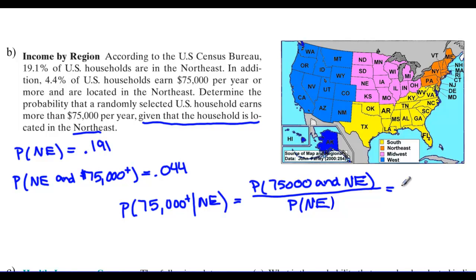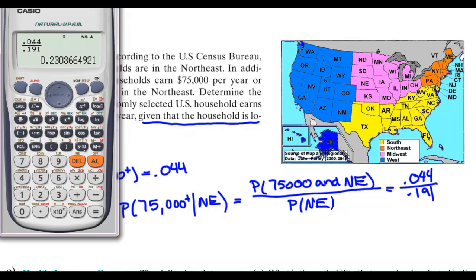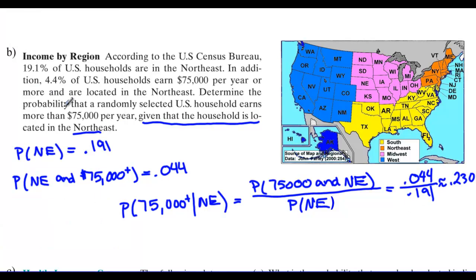So that's going to be our 0.044 over 0.191. That's going to be about 0.230. And so again, it's asking us for the probability of that, and we're going to get that 0.230.